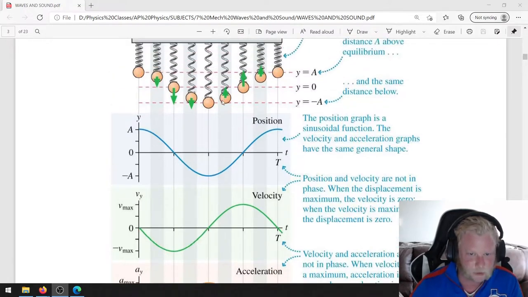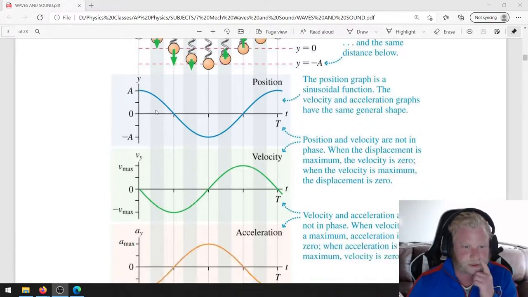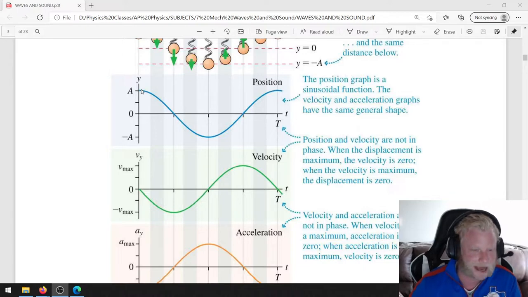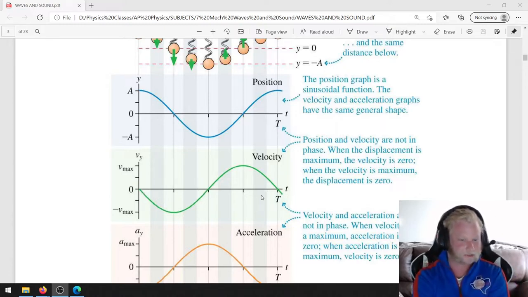As it's pulled back up, it's moving towards the positive position, so your velocity becomes positive and peaks at equilibrium position here. So when you're thinking about your position versus time graph, you really have to imagine what direction it's moving in. And that's going to define how you sketch your velocity time graph.